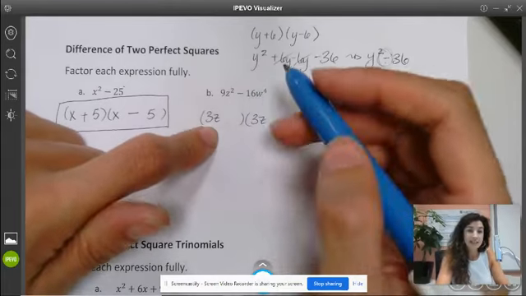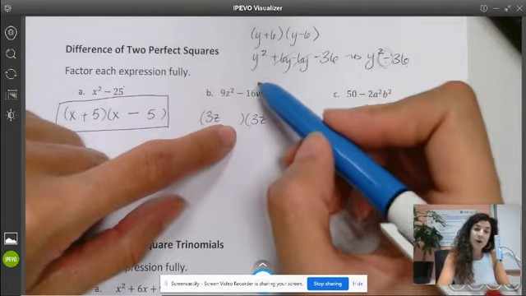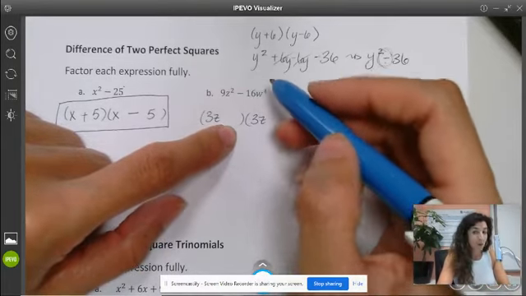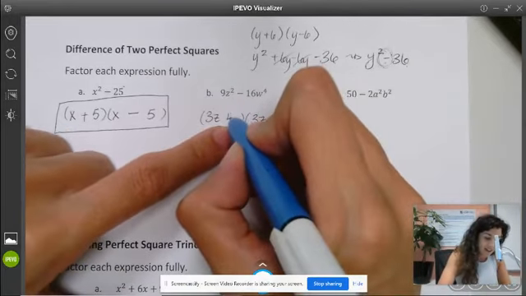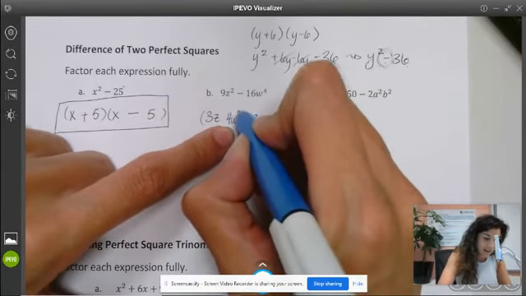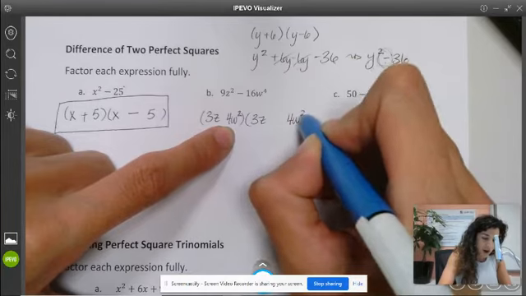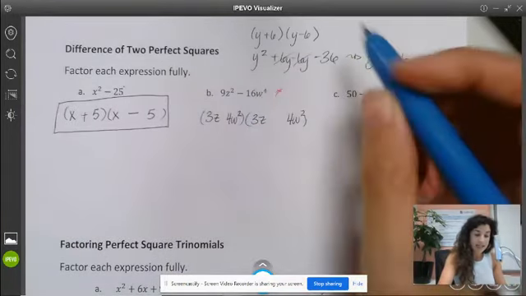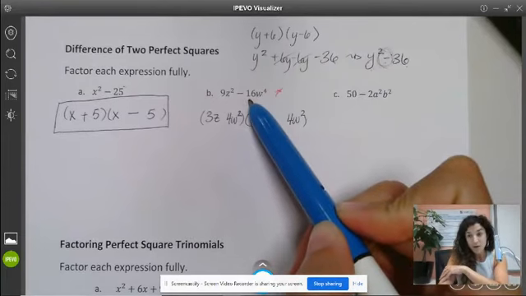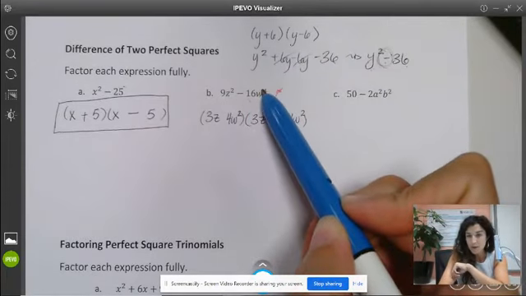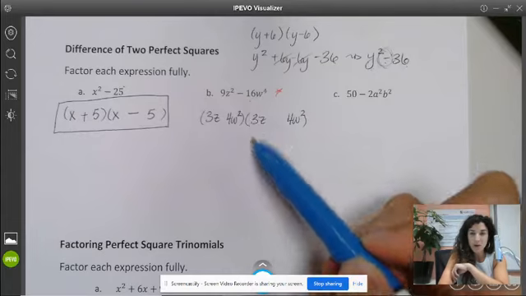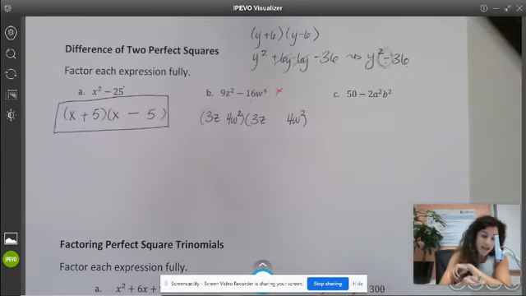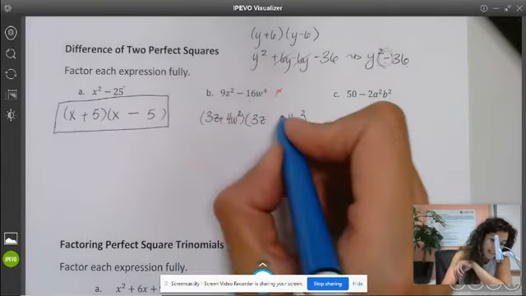The square root of 16w to the fourth is 4w squared. Again, think about the square root of 16, and the square root of w to the fourth, which is w squared. And then we know that one of them is going to be plus and one of them is going to be minus.